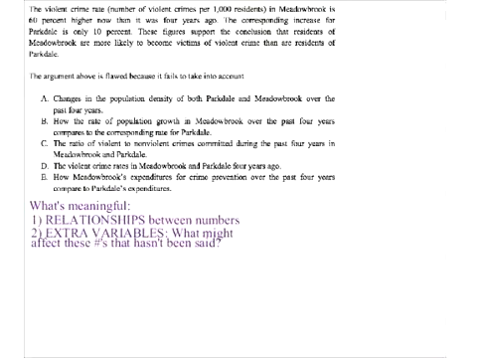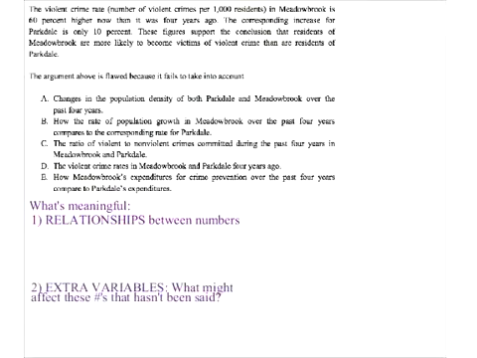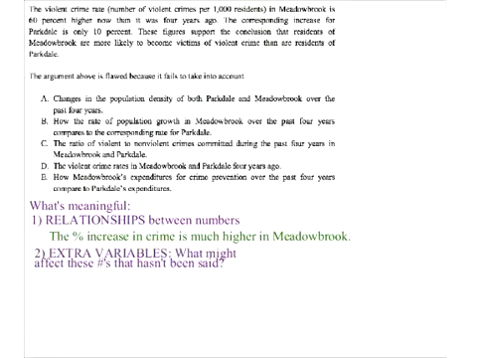Namely, the percent increase in violent crime is a lot higher in Meadowbrook. So, percent increase in crime is much higher in Meadowbrook. That's all you're supposed to get out of those numbers. But what extra variables are at work here?